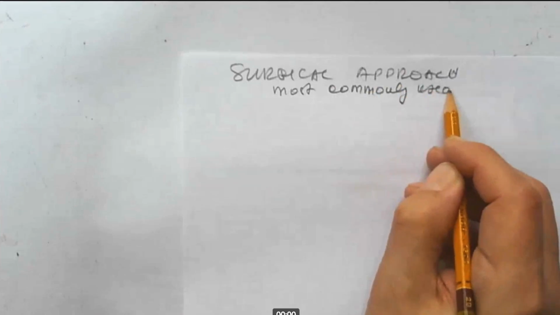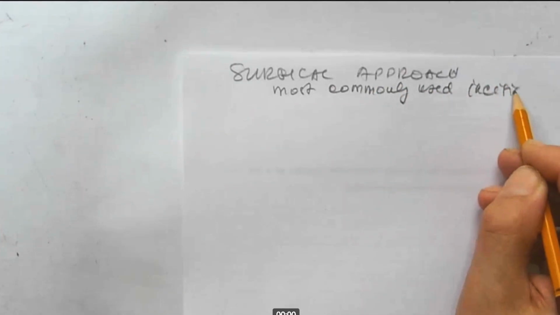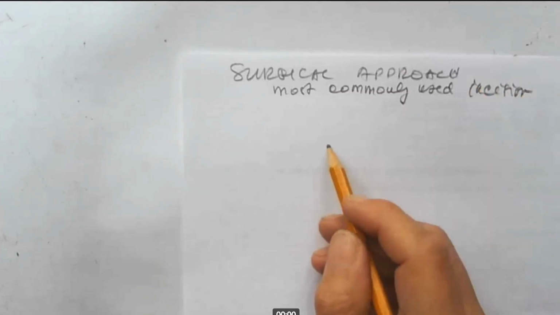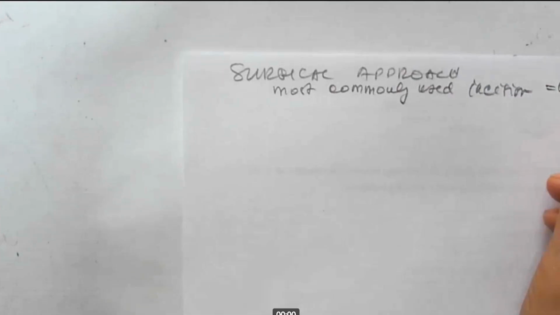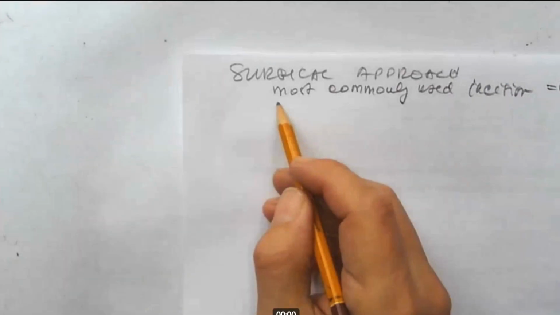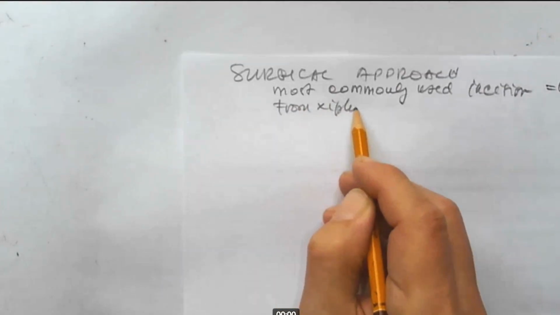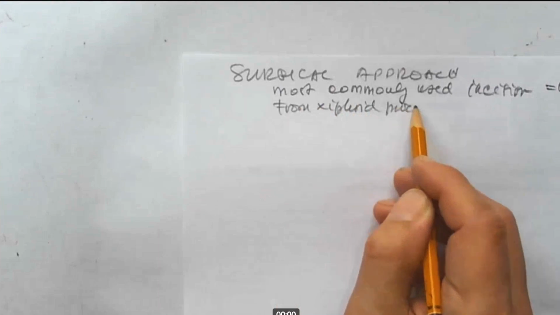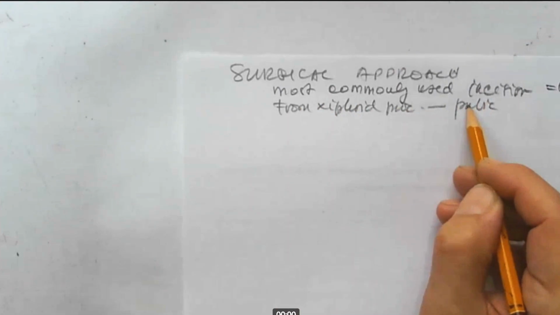Most commonly used, definitely in the larger operation, is the incision following the linea alba, the white line. That means from the xiphoid process to the pubic symphysis, right?